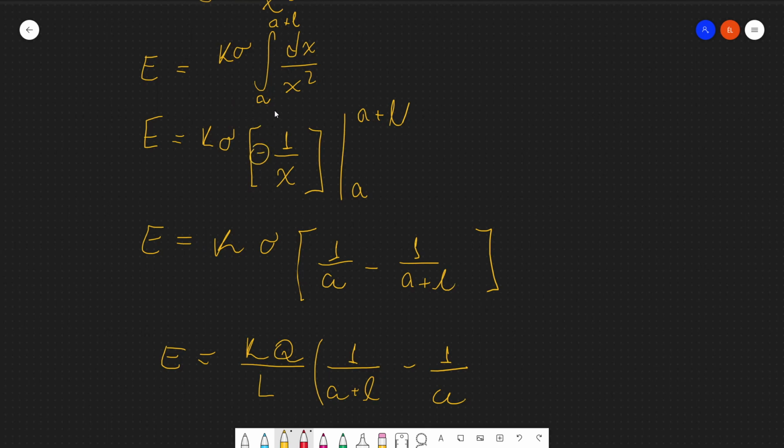So instead of being the bigger number minus the smaller number, it's going to be the smaller number, a. The fractions are the other way around because it's under the numerator, but you understand what I mean, probably. Hopefully. So let me just fix this real quick, and there we have it, 1 over a minus 1 over a plus l. There you go.